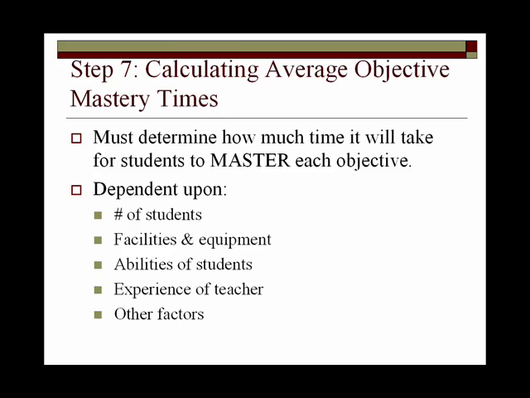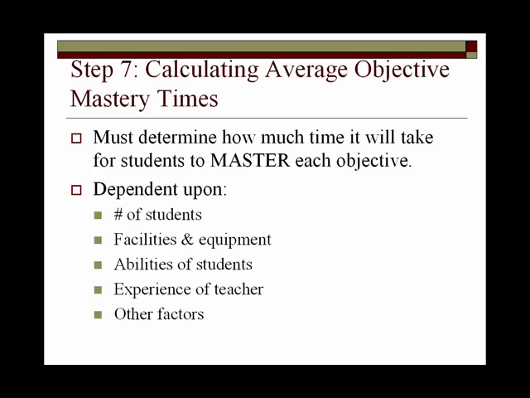Obviously, there are some factors that will influence how long it will take students to master these objectives. They're going to be dependent on the number of students you have in your class. If you have a very large class or classes, it's probably going to take more time for students to master that objective. It's going to depend on your facilities and equipment.